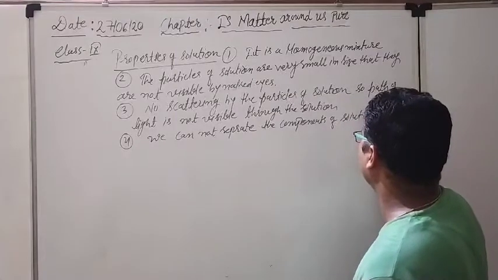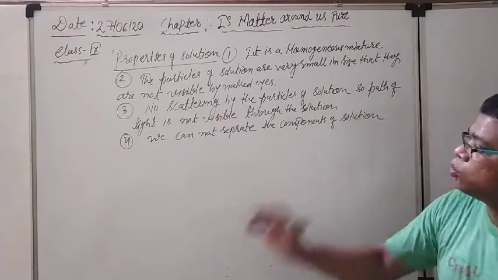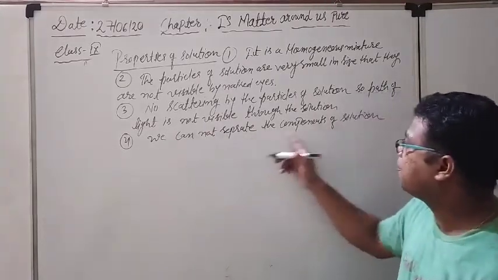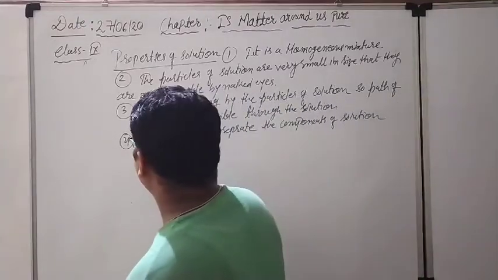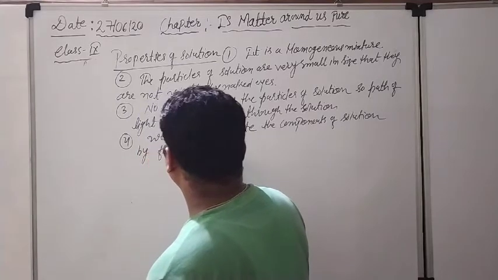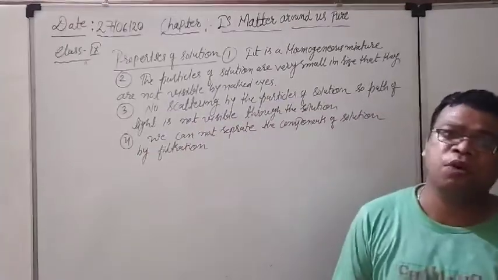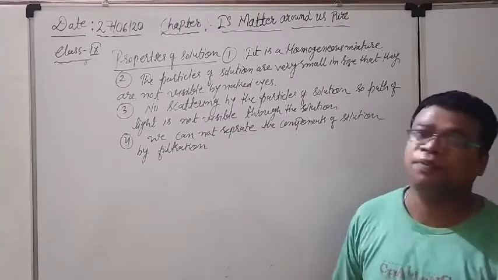What are the components here? We are talking about the solute and solvent, water and sugar particles. We cannot separate the components of the solution by filtration, because the particle size is very small. So the solute particles also pass through with the solvent.